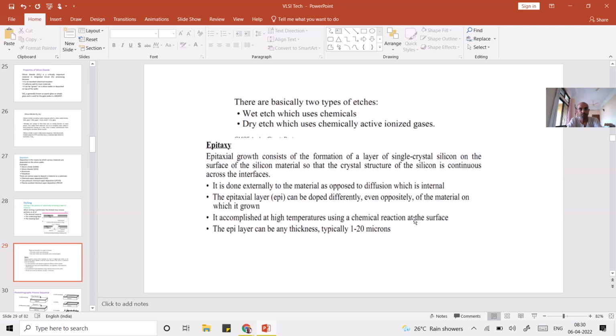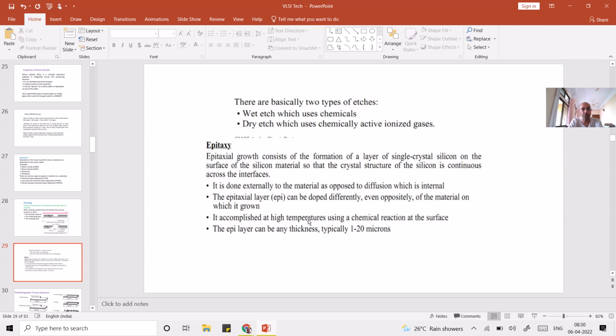So for epitaxy, epitaxy is nothing but a sort of material layer. The name itself suggests ordering upon something. When you have a particular substrate and you want to make a better quality layer over that already existing substrate, then you want a more ordered surface.